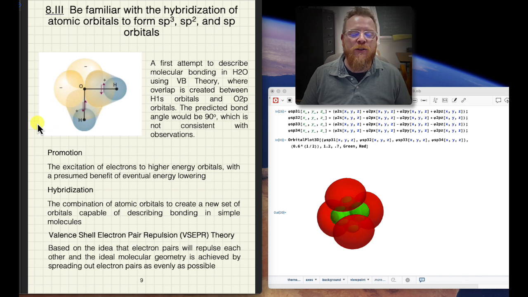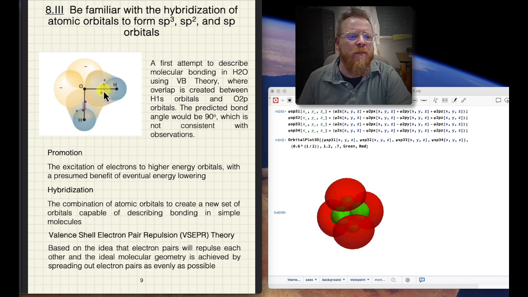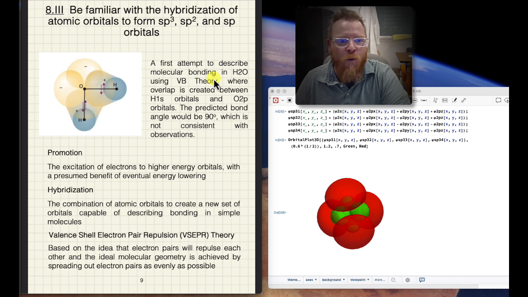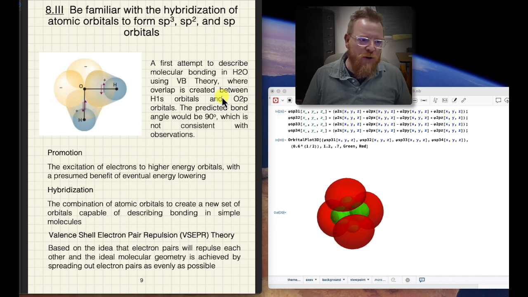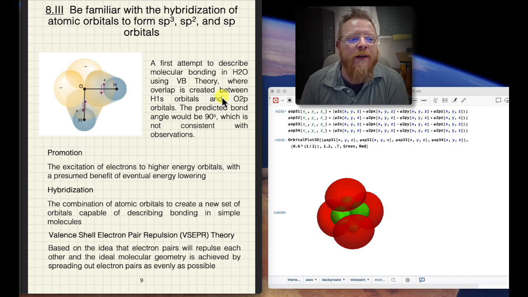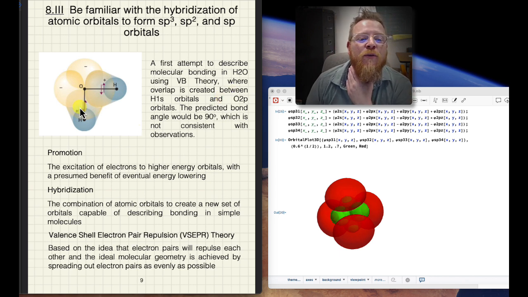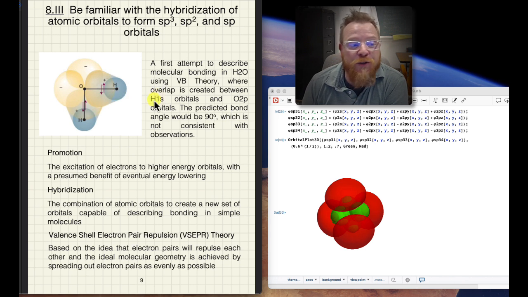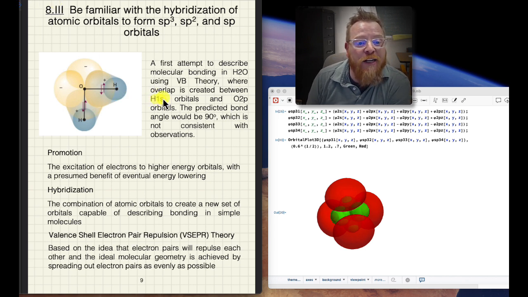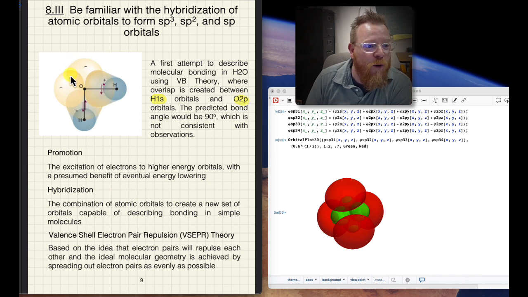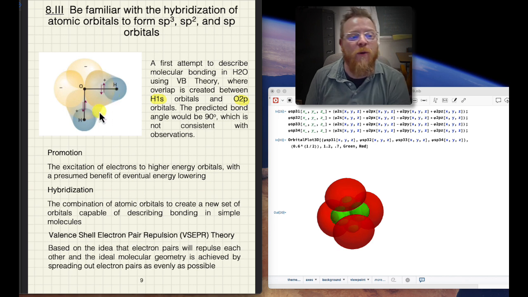So I just want to describe a little bit of the first attempts to do this. In a first attempt to try and make molecules out of atomic orbitals, if we think about something like H2O and this notion that we can create overlap in these internuclear zones, if we try to do this just directly using 1s orbitals for hydrogen and 2p orbitals for oxygen, we can see the 2p orbital shape for oxygen and the 1s orbital shape for hydrogen.